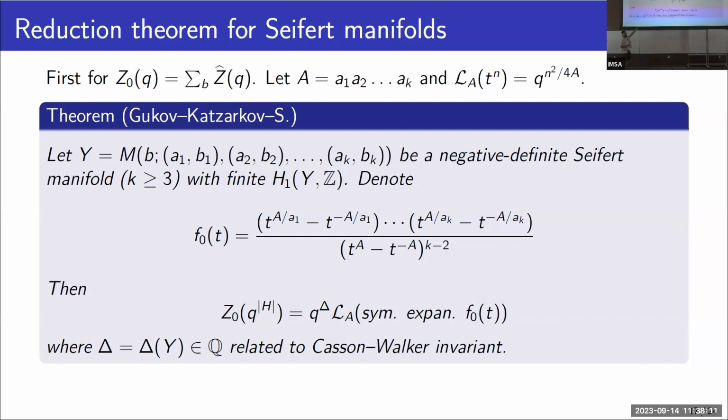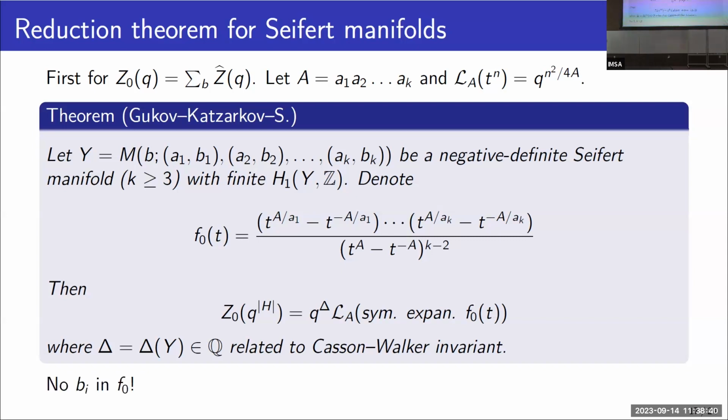So there is this little delta, and this delta is related to the Casson-Walker invariant. So we have two things. One is a huge series in many variables, and then you do a substitution. The other one is just one variable, you do a substitution, and they are almost the same, except for a single power of q, which is a more well-known invariant.